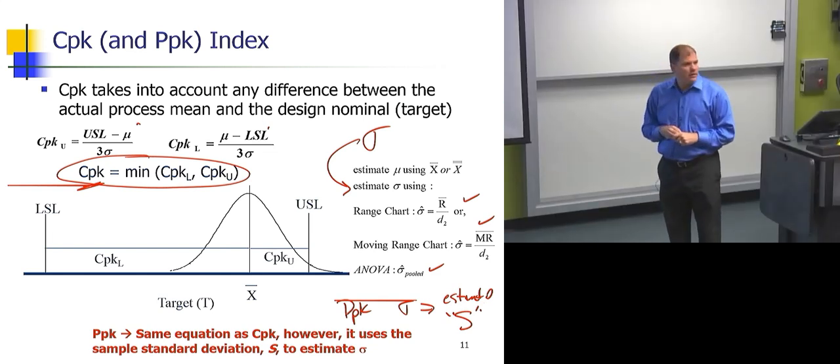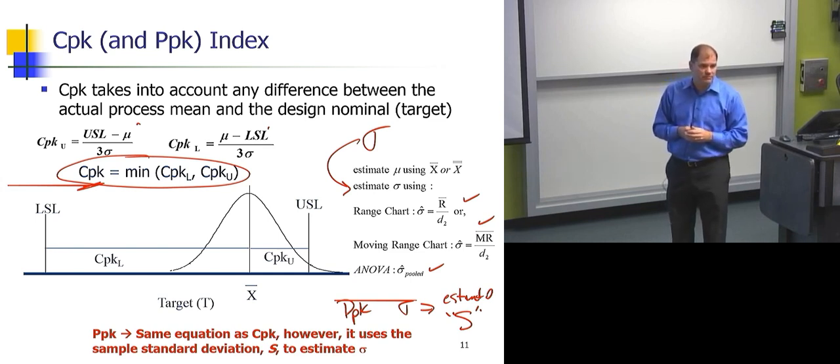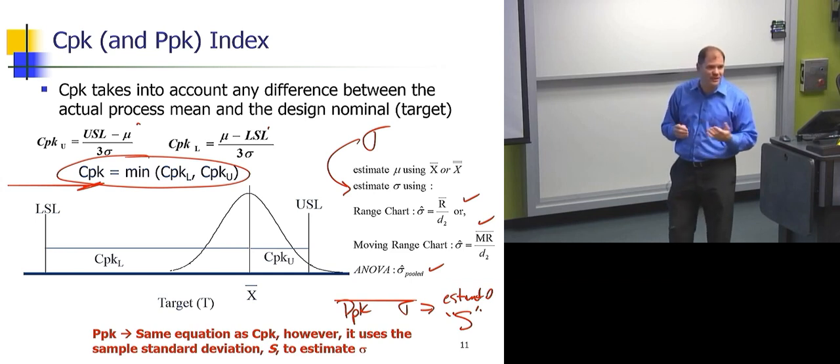By the way, in order to do that formula, I pretty much know whatever side the mean is closest to the spec limit will be the minimum value. In other words, if the mean value is closer to the upper spec limit, I will get a CPK upper. If the mean's close to the lower spec limit, it'll be the CPK lower calculation. I can do them both, but I can use logic to figure out which one's going to be the minimum.